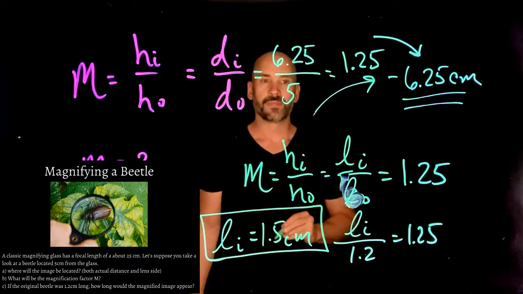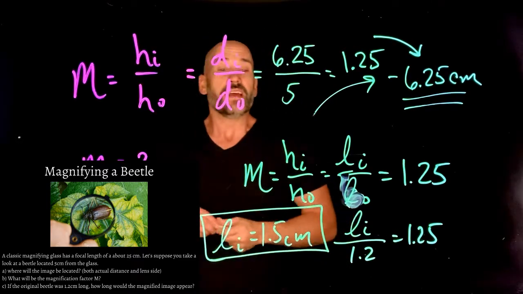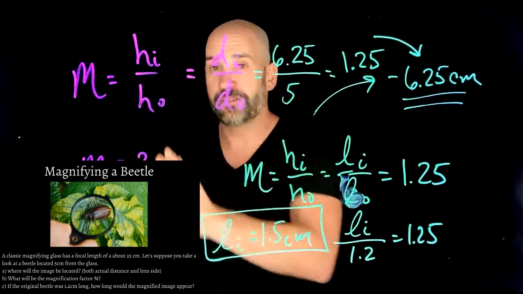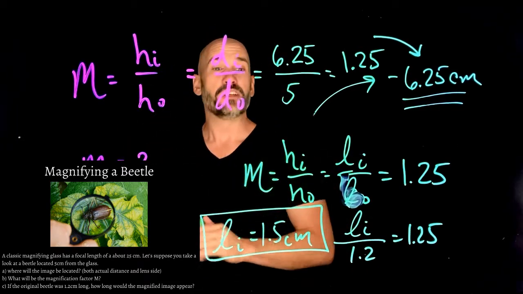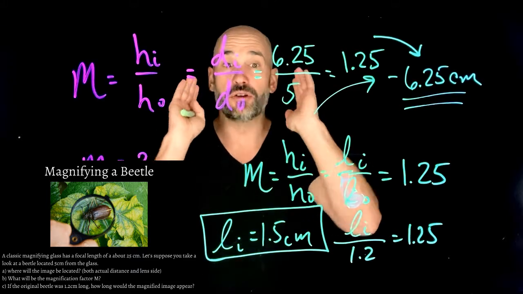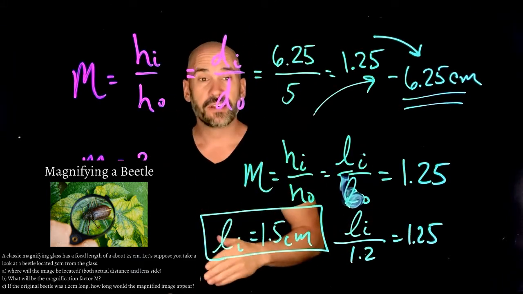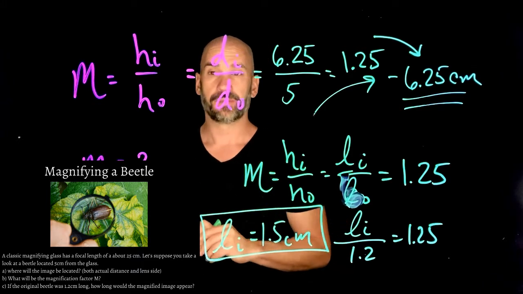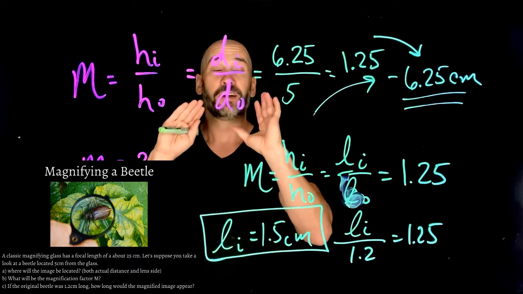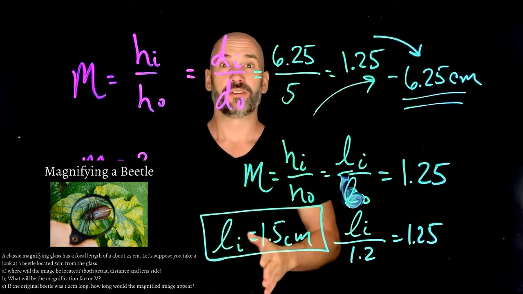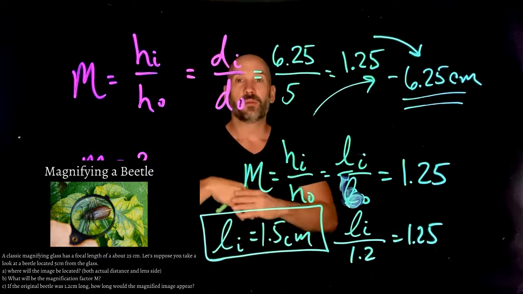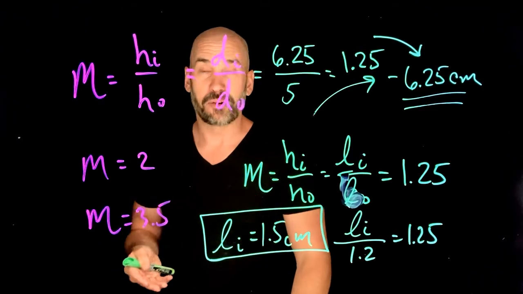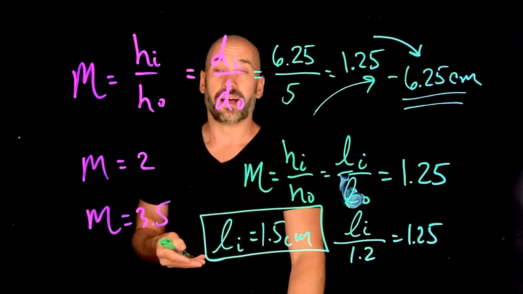Cool, huh? All right. So the bottom line is, once you know the magnification factor, you can find out the new length, the new height of any object that you look at in a magnifying glass. You could turn this into problems involving telescopes and microscope eyepieces.